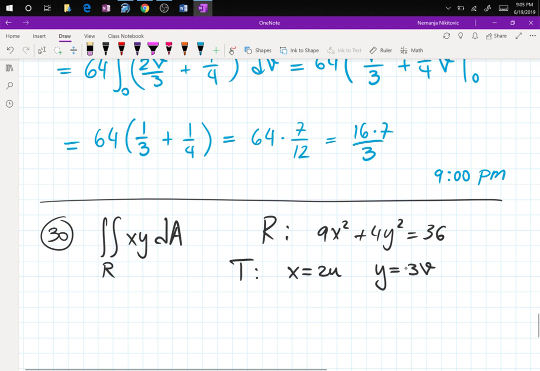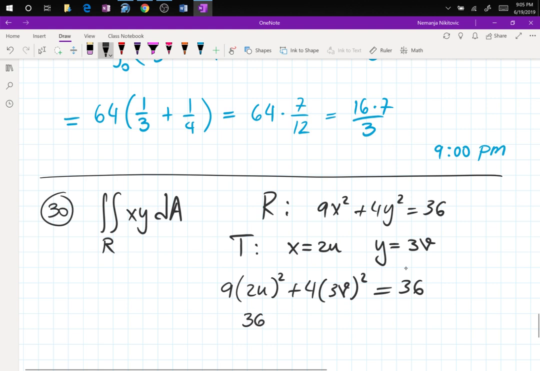Just plug them in. So I get 9 times 2u squared plus 4 times 3v squared equals 36. Do you all see 36u squared plus 36v squared is equal to 36? Cancels to what? Which is? Holy nightmare, that saves the day.